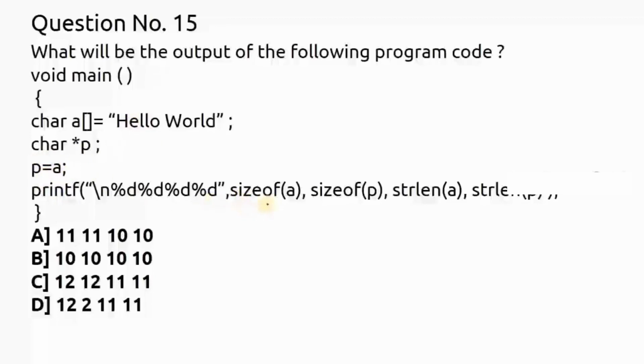We know the sizeof operator: if I say sizeof something, let us suppose I give int A and write sizeof(A), it will check the data type of A and the size of that data type. So what is the size of an integer? That is 2 bytes. Of course, in some compilers it takes 4 bytes. So that will be printed as output.